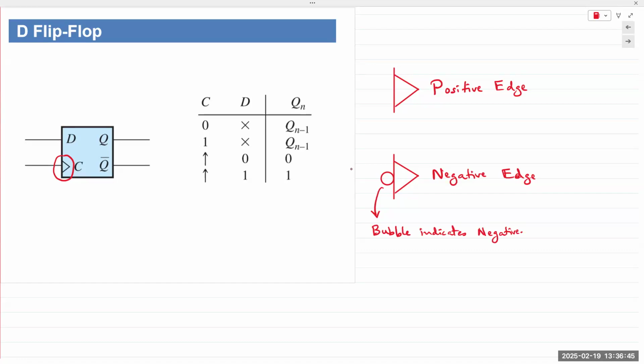Which brings us to this flip-flop known as the D flip-flop. D denotes delay. Delay means it stores data in memory.